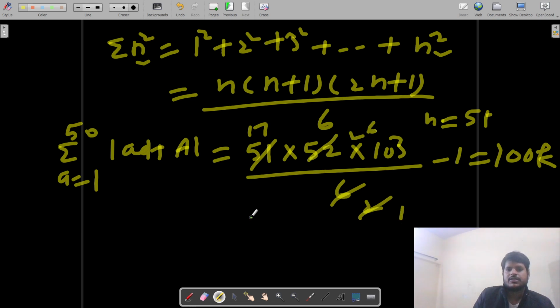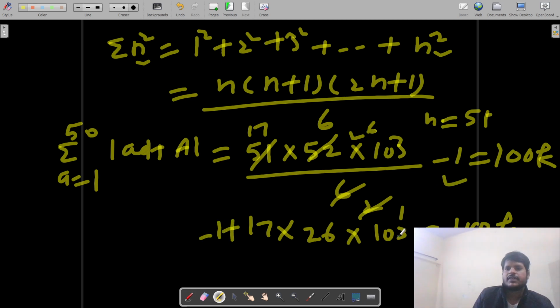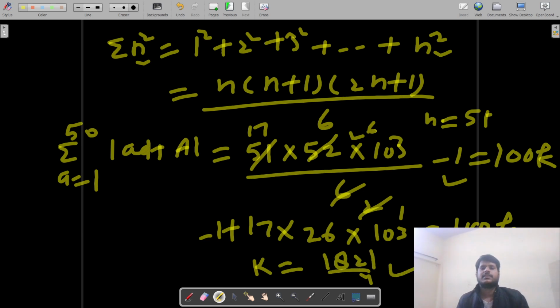So we have 17 into 26 into 103 equal to 100k, also this minus 1. Now if you solve for the value of k, k is equal to 1821 upon 4. This is the answer.